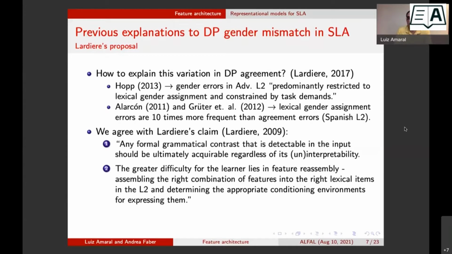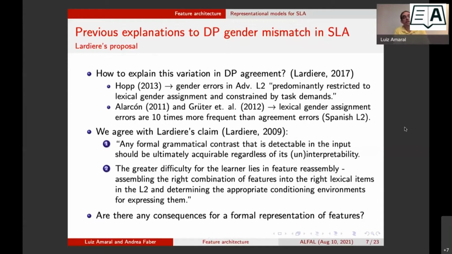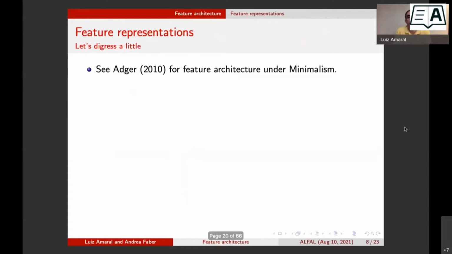So now where our contribution comes in is that we want to see if there are any consequences for formal representations of features. And that's where I think it overlaps also with the interest of this group here, right? So we are going to use a lot of Adger's work to justify our approach to feature reassembly in second language.